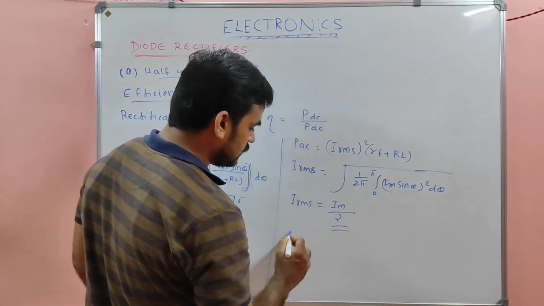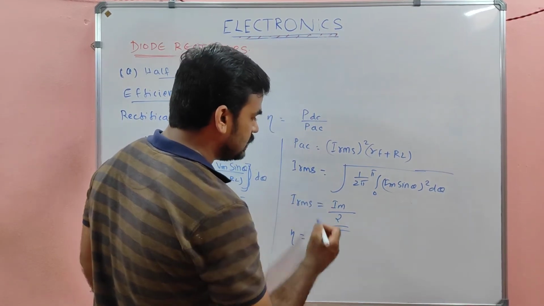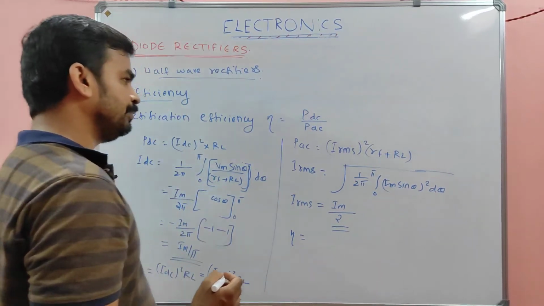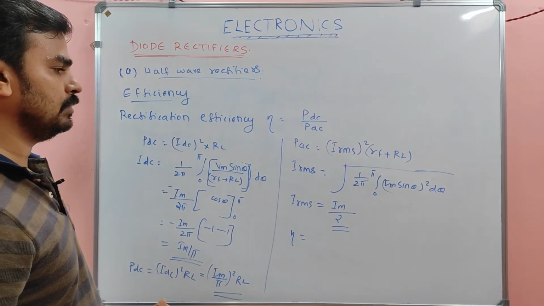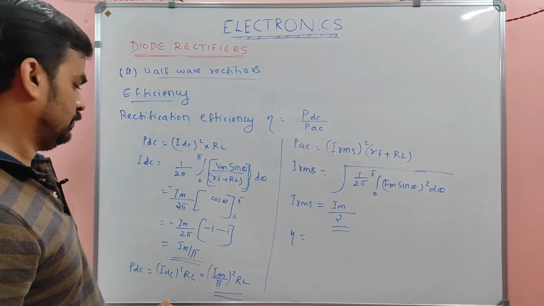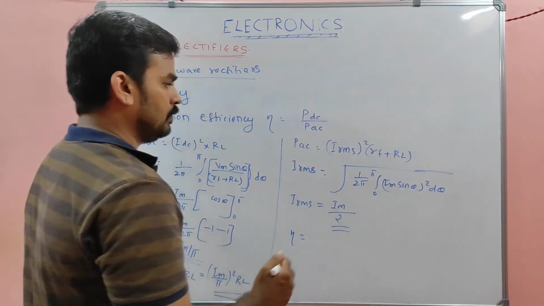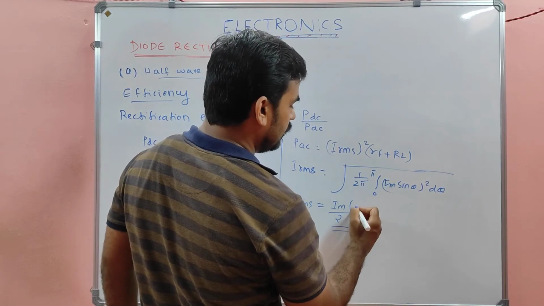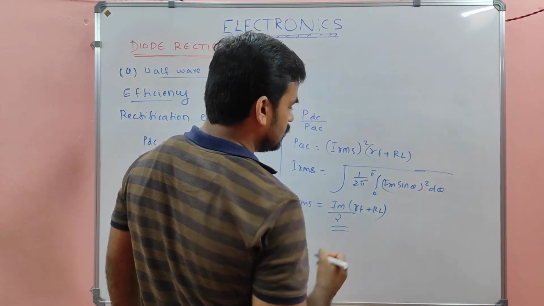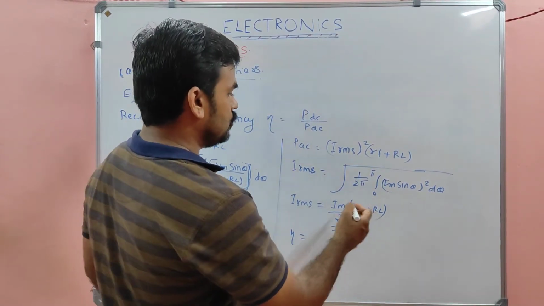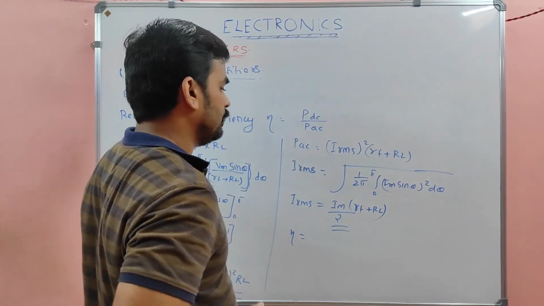So the efficiency is nothing but PDC by PAC. What is PDC? This term will be there, RF plus RL.